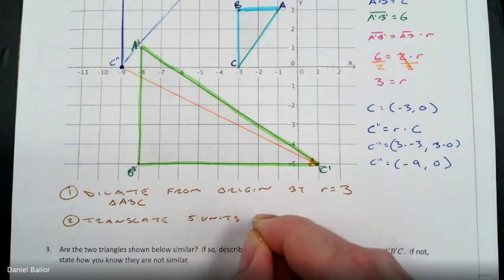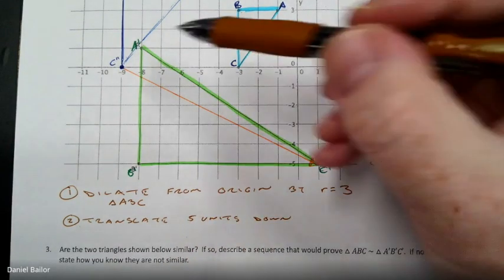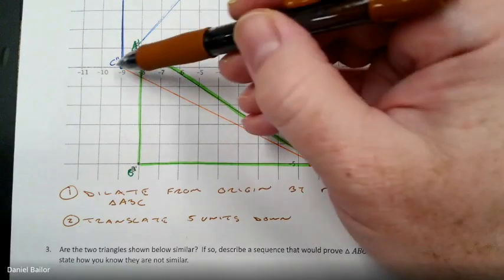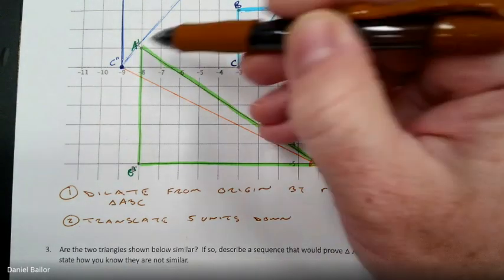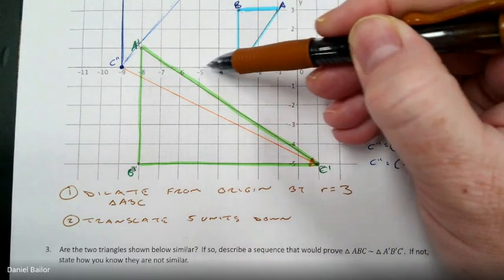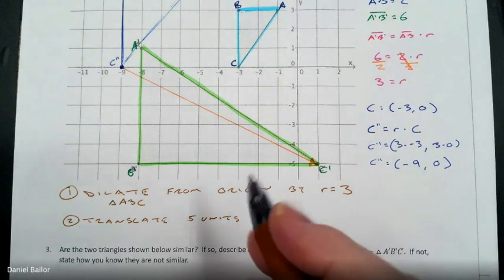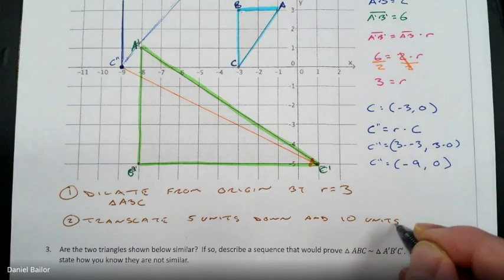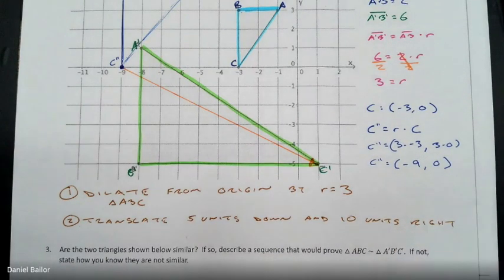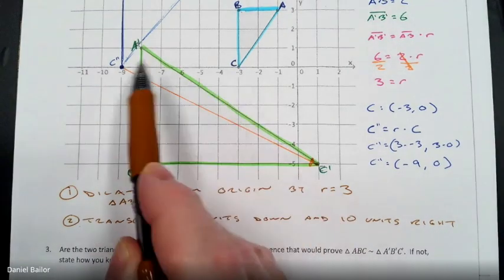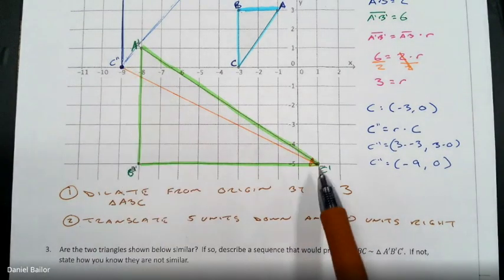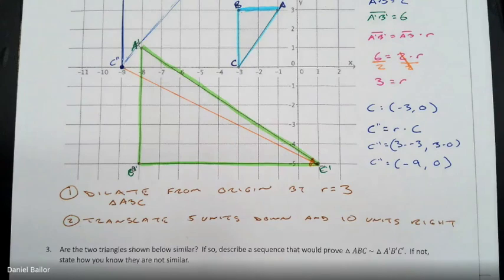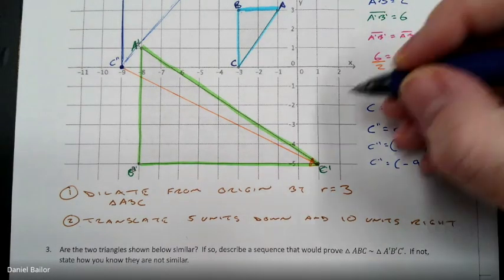And the C moves 1, 2, 3, 4, 5, 6, 7, 8, 9, 10 units right. So we dilated, and this C moved over here. We translated, and now it's down here. Now we get a triangle that looks like this.